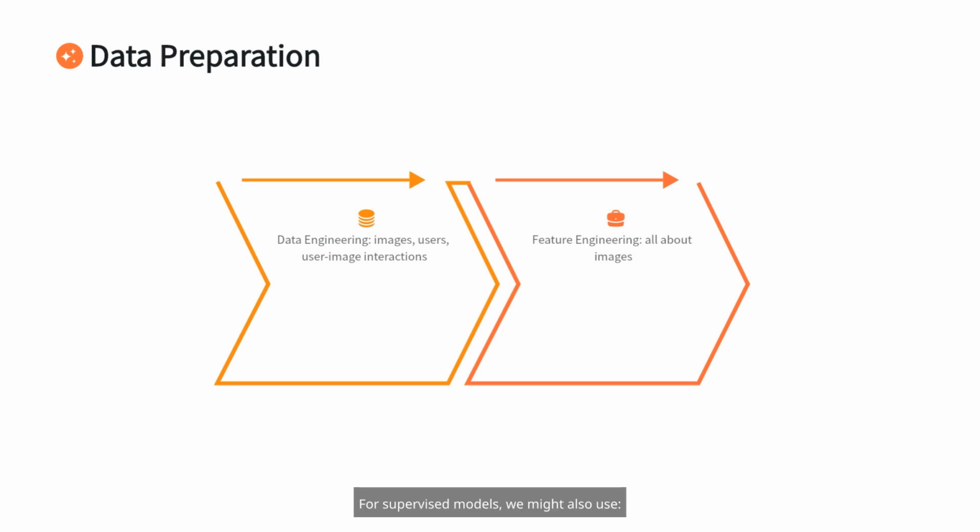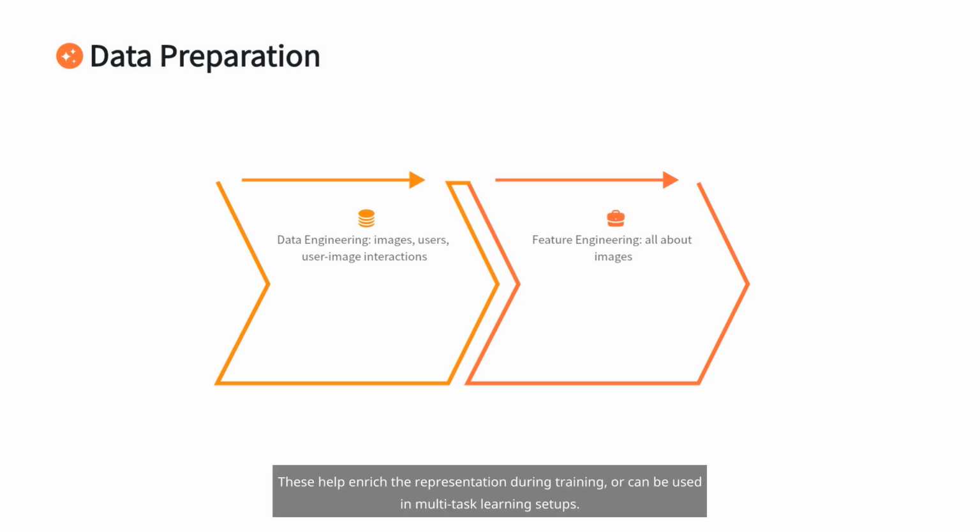Additional image metadata. For supervised models, we might also use image categories, e.g., sneakers, dining table, color labels, style descriptors, brand tags. These help enrich the representation during training or can be used in multitask learning setups.